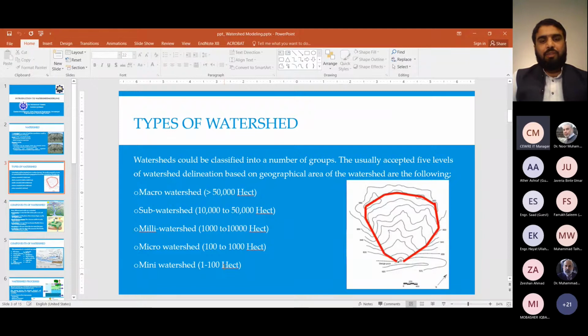Whereas if the area ranges from 100 to 1000 hectares, it is called micro. These classifications are used to differentiate the different types of watershed based on the area.